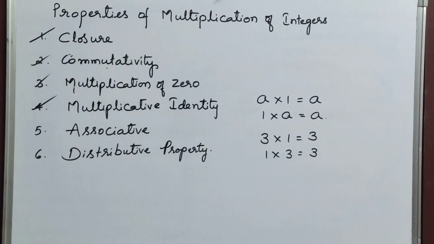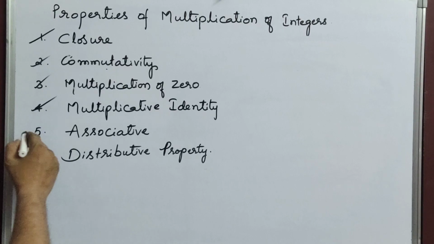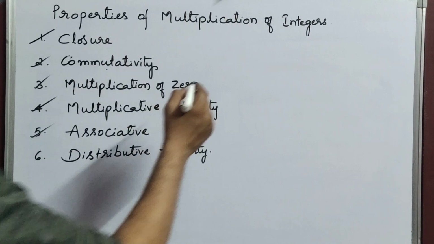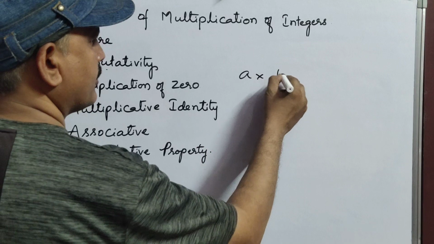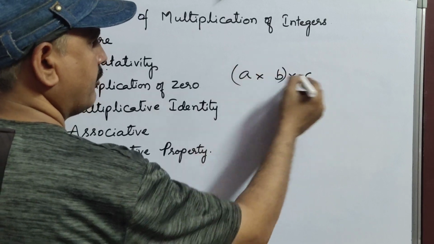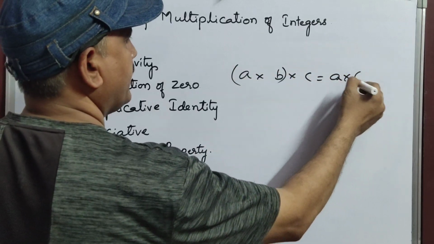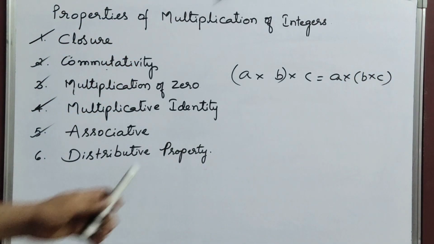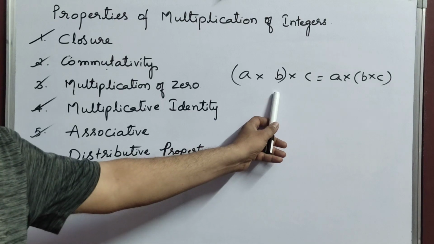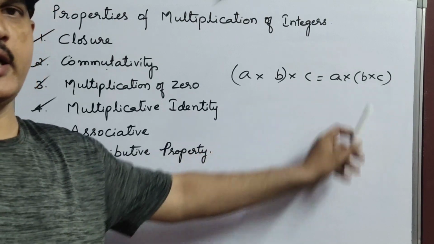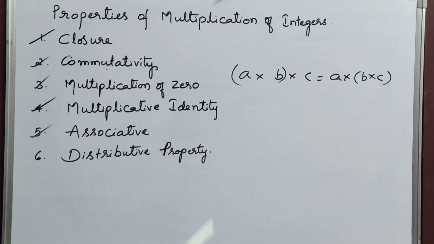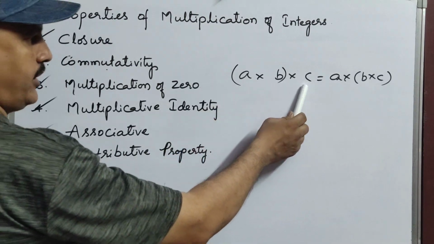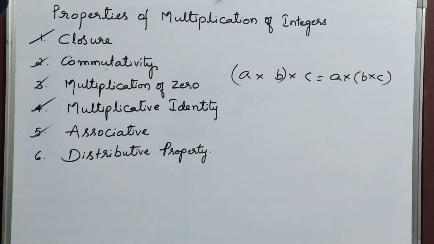Okay. Next, the associative property. See here, now we are going with the associative property. a into (b into c) equals (a into b) into c.